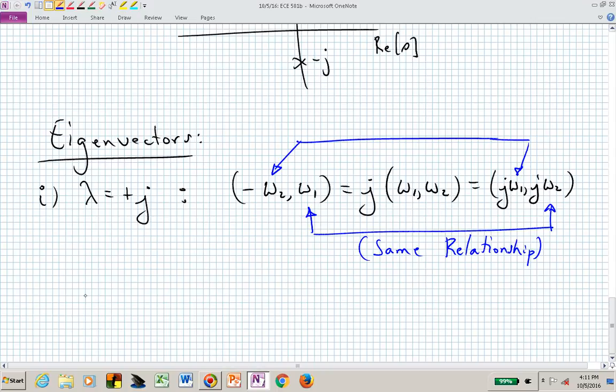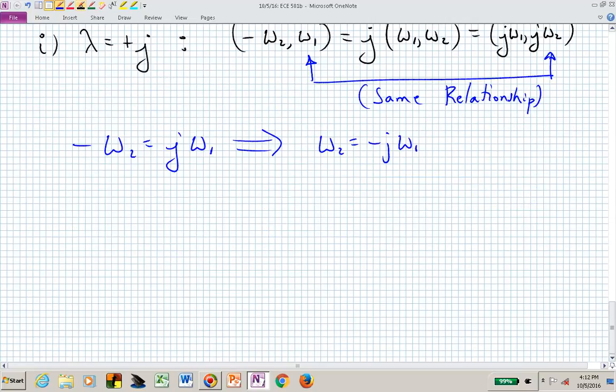In the first coordinate, we have minus omega sub 2 equaling j omega 1. And if omega 1 is our free variable, let's solve for what omega 2 needs to be in terms of omega 1. We can multiply both sides by minus 1, and we have omega 2 is equal to minus j omega 1.